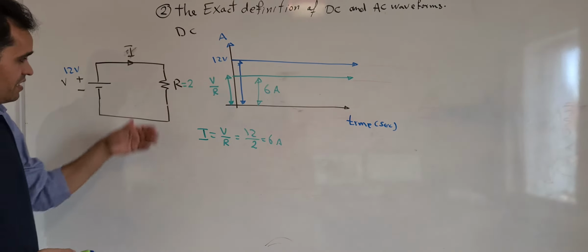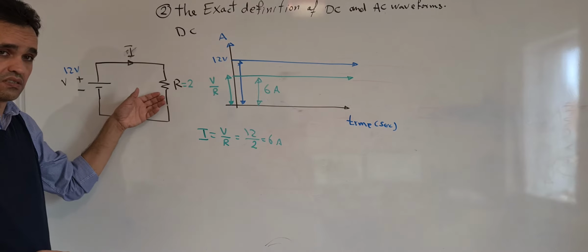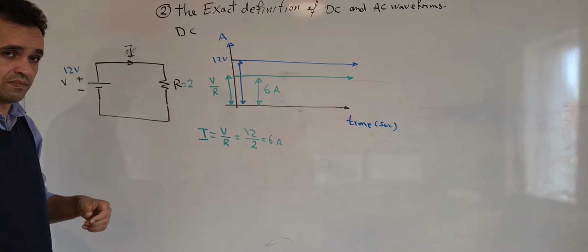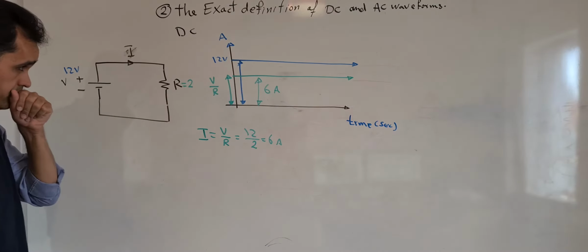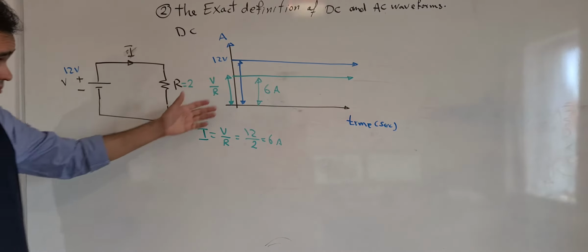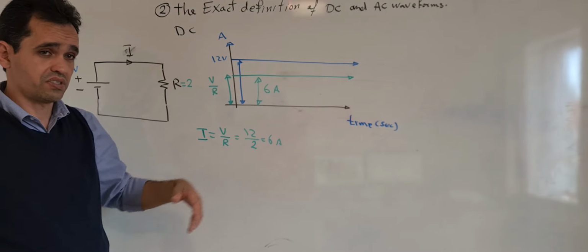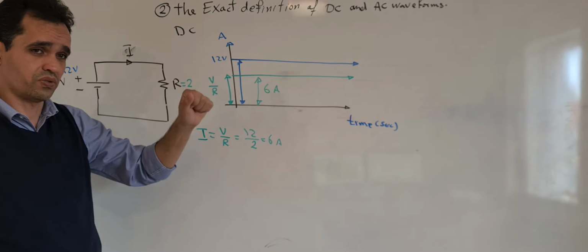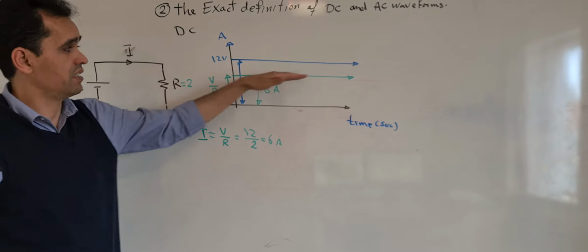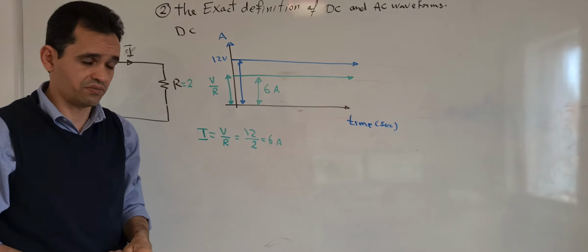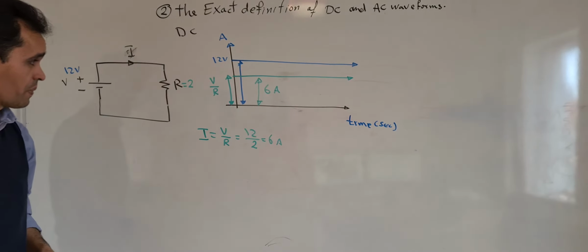So that's always the behavior of the current if our load is a resistor. Now if we add an inductor or a capacitor to the load here, okay, in the end, the shape of the current or the voltage will not change. It will have a transient response. Then it will remain at a constant value. Okay.